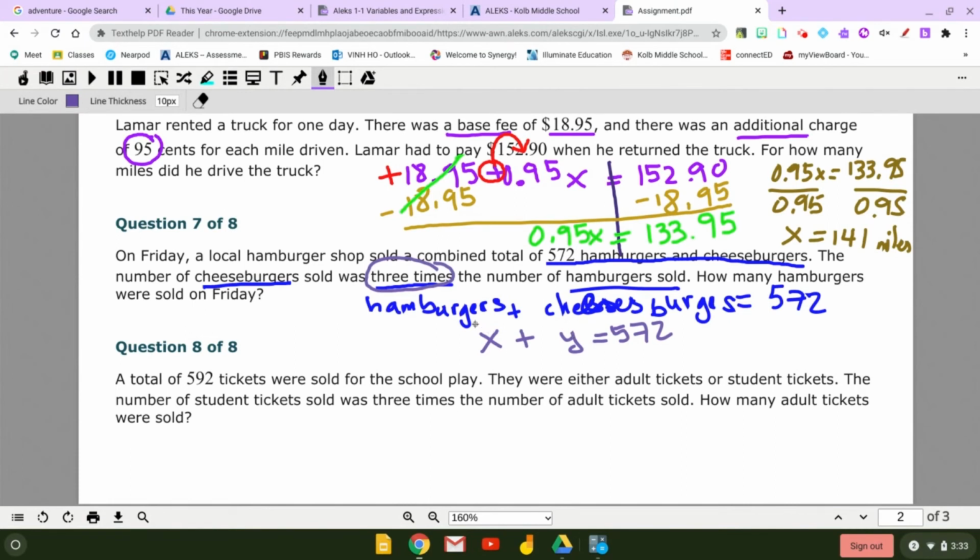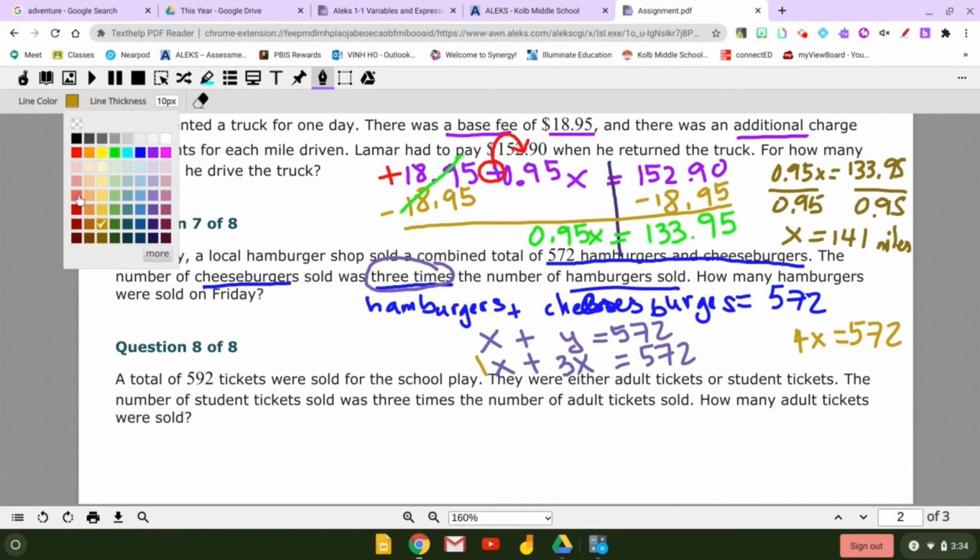So if hamburger is X, then cheeseburger Y is 3 amounts of X. That's why we put x plus 3x equal to 572. Then we can go ahead and work this out. We combine like terms: 1x plus 3x is 4x equal to 572, and divide by 4 on both sides.